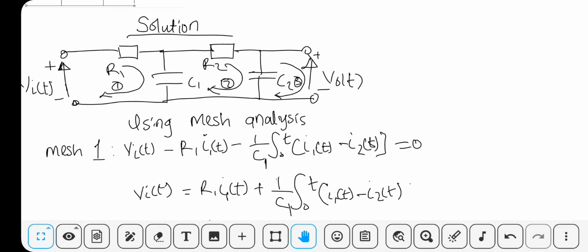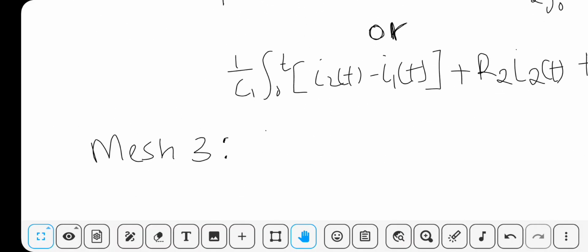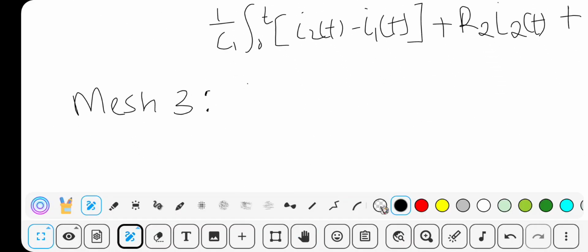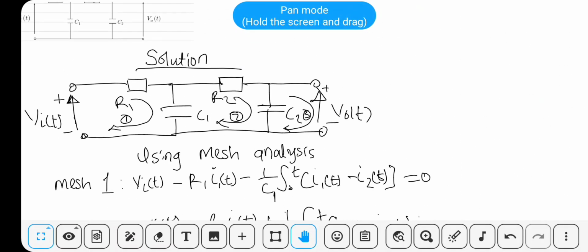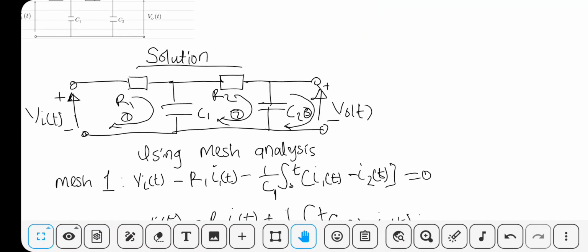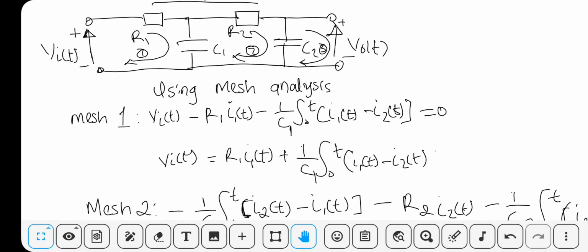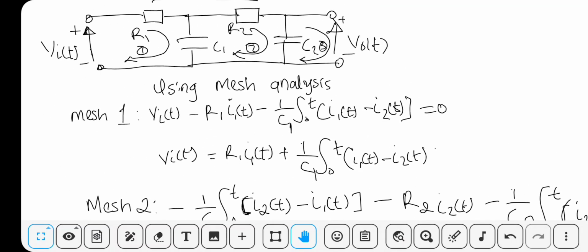For V0 of t, going from positive to negative, you have a negative value of the output voltage. We are just measuring the voltage across, it is not a closed circuit.